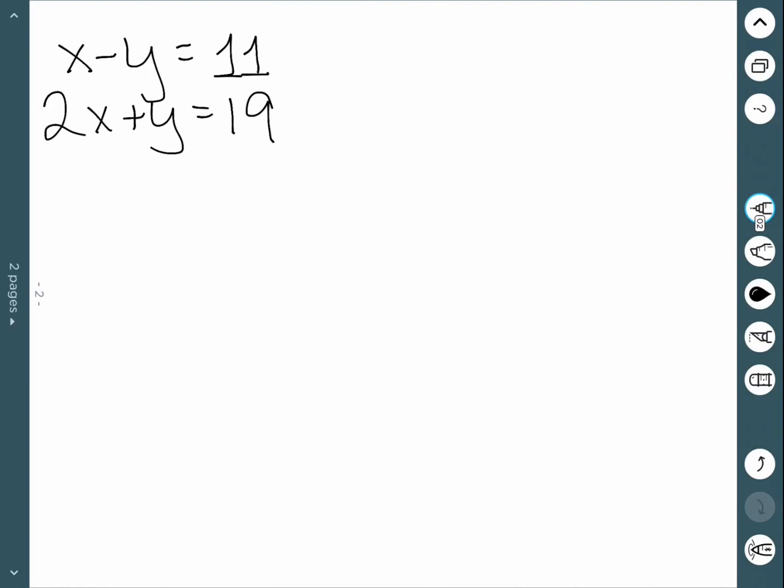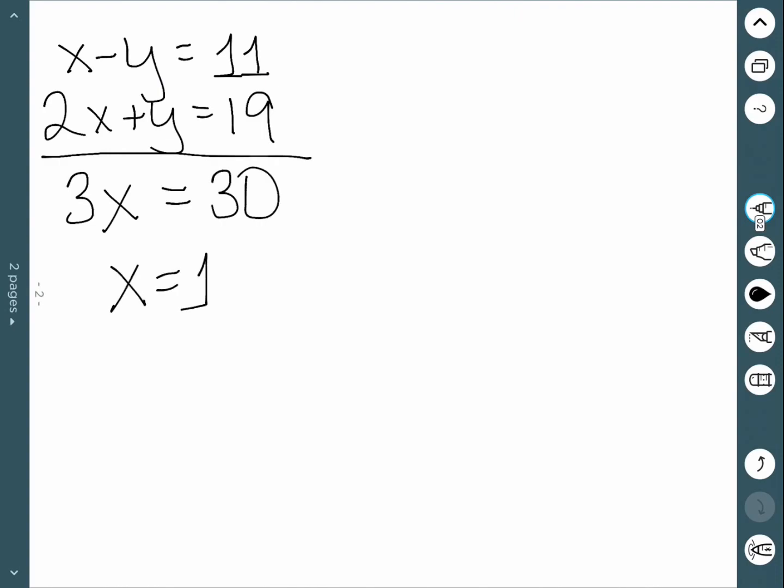Here's another example, and while we could very well use substitution on this one, we could also use elimination. Adding them up, x plus 2x is 3x, negative y plus y is 0, and 11 plus 19 is 30. Dividing by 3 would then give me that x is 10. In order to find y, this time let's use the second equation.